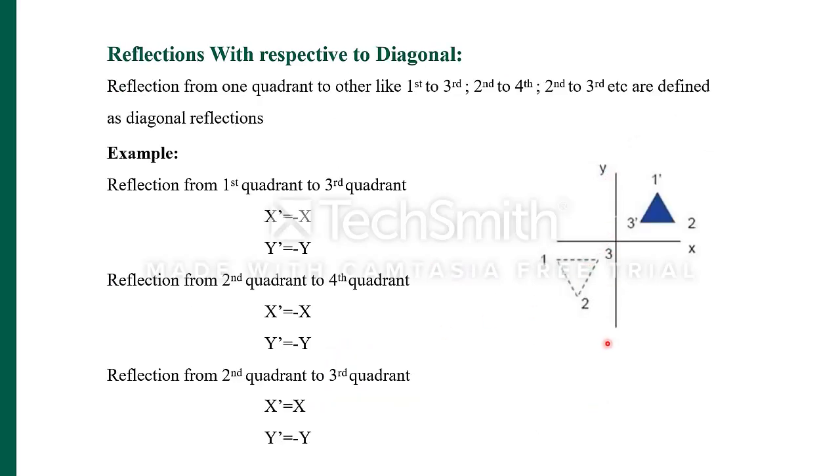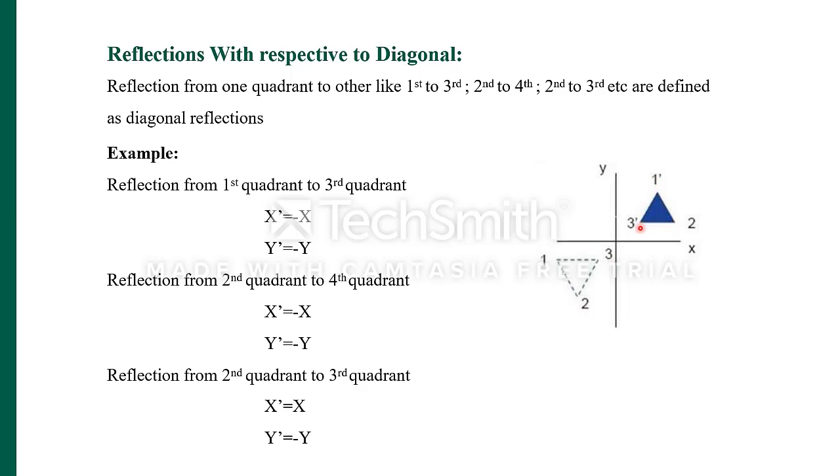And then the reflections with respect to the diagonal. Reflections from one quadrant to another, like from first to third, or second to fourth, or second to third, can be defined as diagonal reflections. Let's consider the first one, reflection from the first quadrant to the third quadrant.